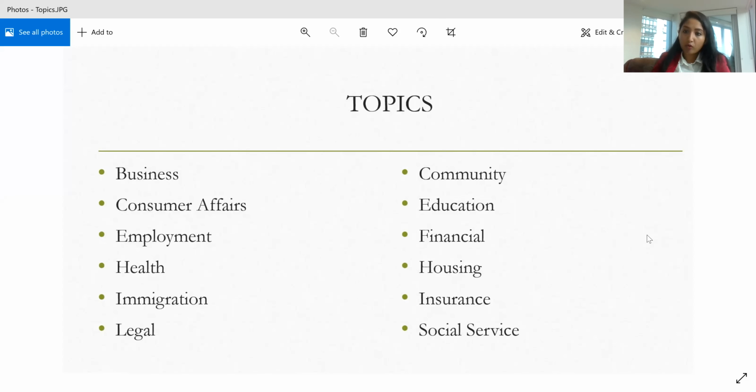I can share the picture of the topics at a glance. These are the topics. So if the first dialogue is any one of the topics, let us consider health, then the second dialogue will not repeat health.